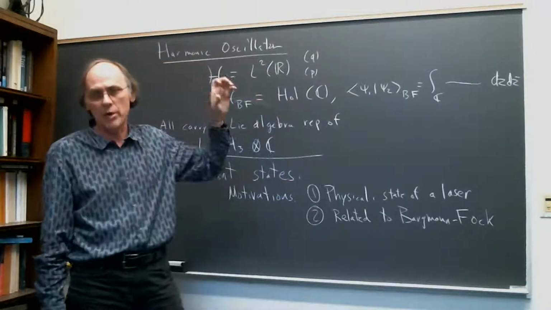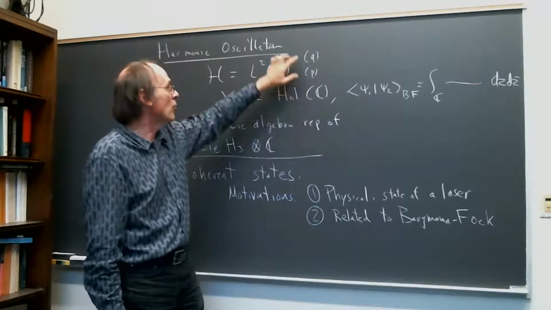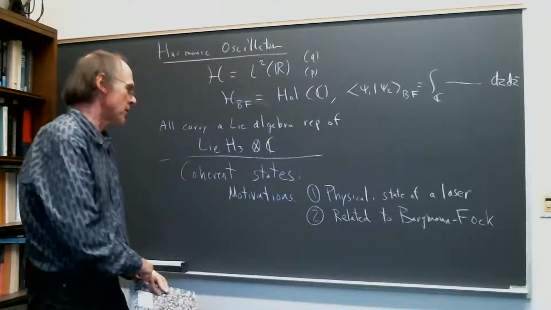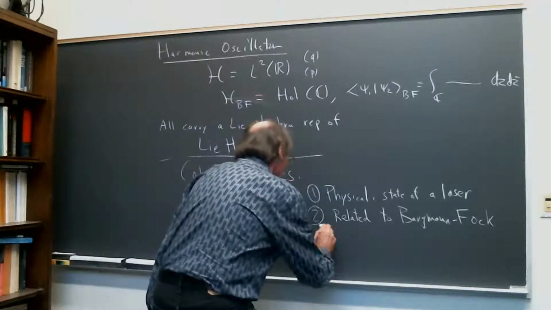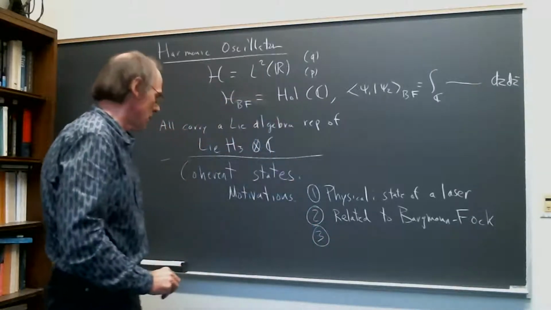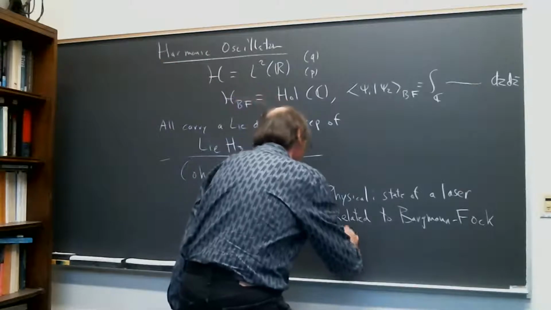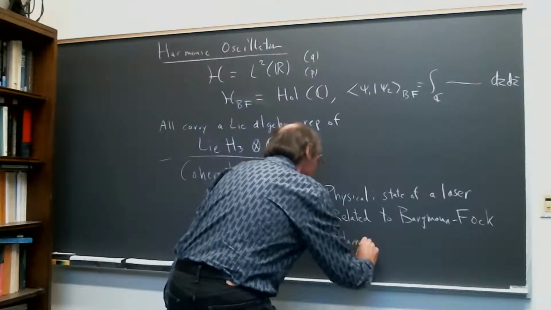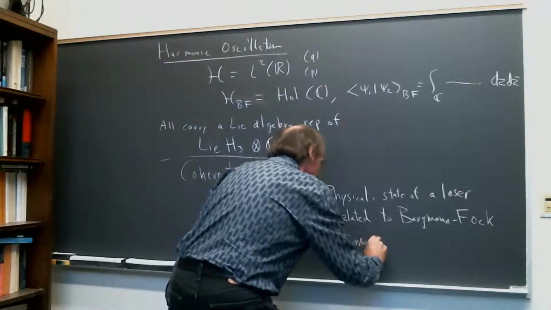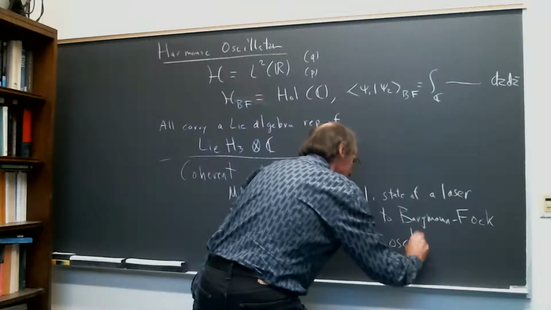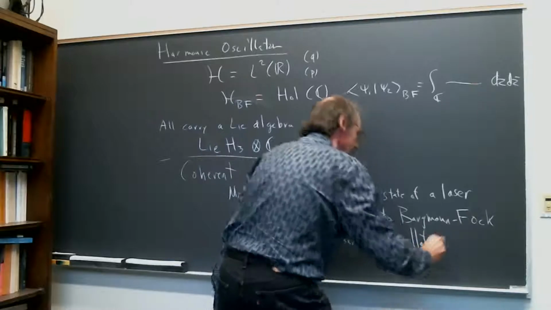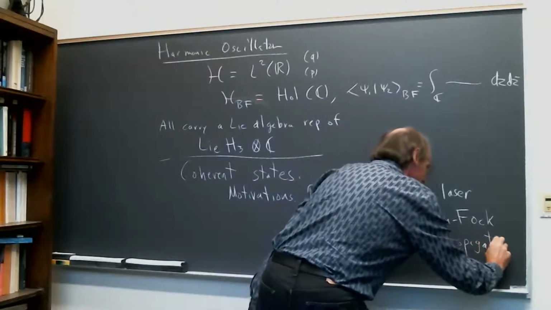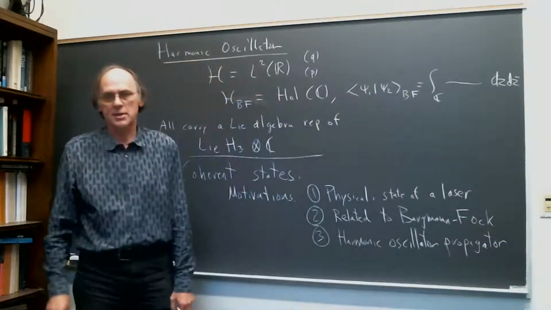So going via coherent states, you can see what the relationship between these two things is. And then there's a third application, which I'll say something about at the end: the harmonic oscillator propagator.